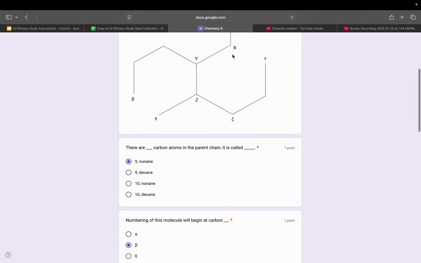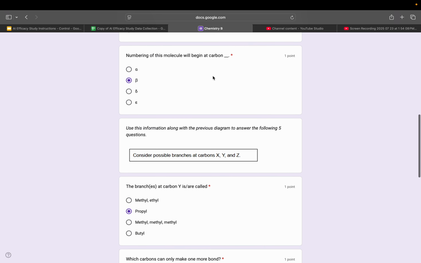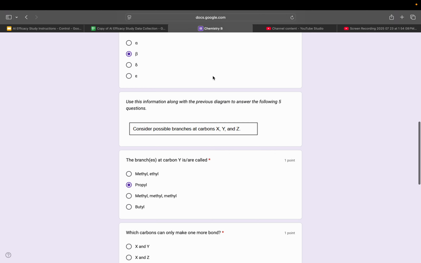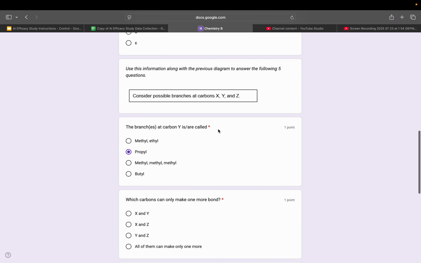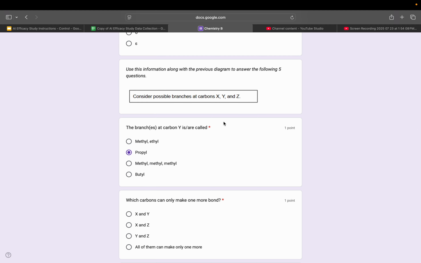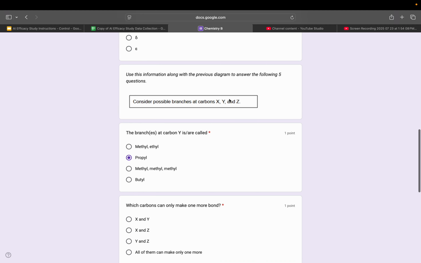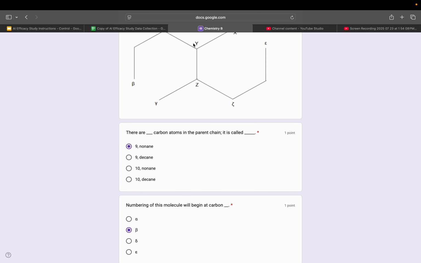What about Y? Y has 2 CH. If I assume that Y already has, okay, they all got carbons X, Y, and Z. So X can make. If Y got one more, 1, 2, 3.